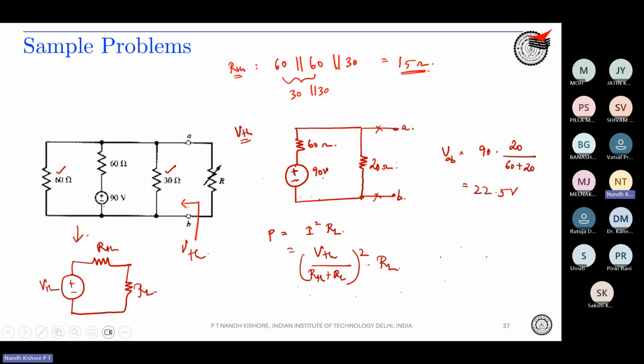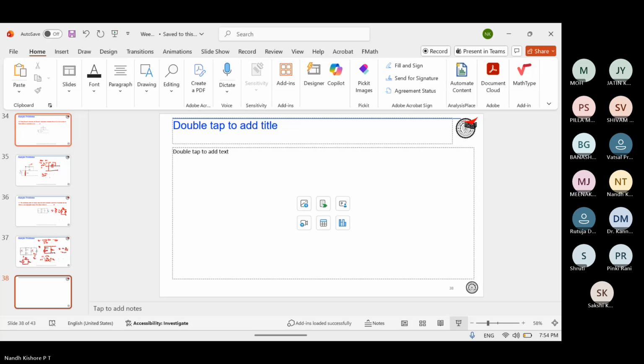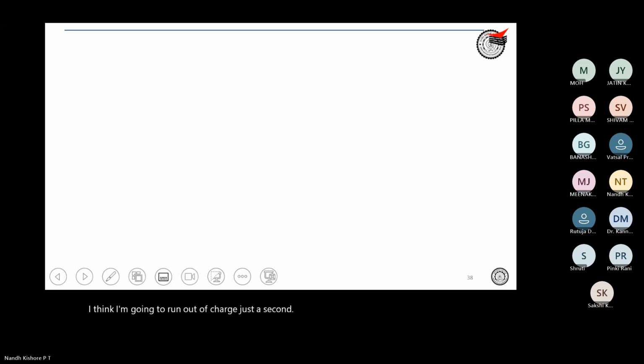So you know that to ensure maximum power transfer, if you differentiate it, right? So let me take another slide. I think I'm going to run out of time. Just a second. Okay.